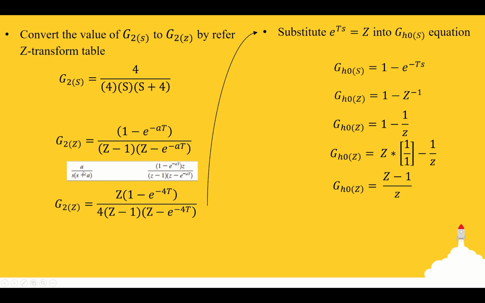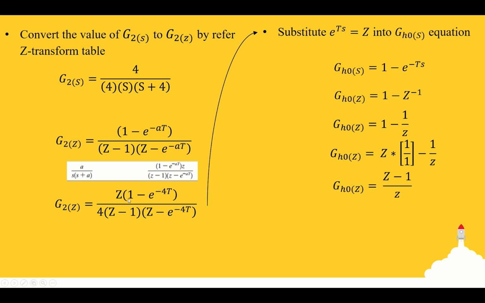We see here A is equal to 4, S plus 4 is here, and S here represents S over here, and the 4 we put outside, which is 1 over 4.